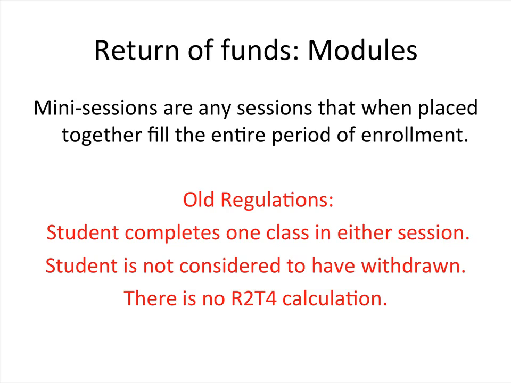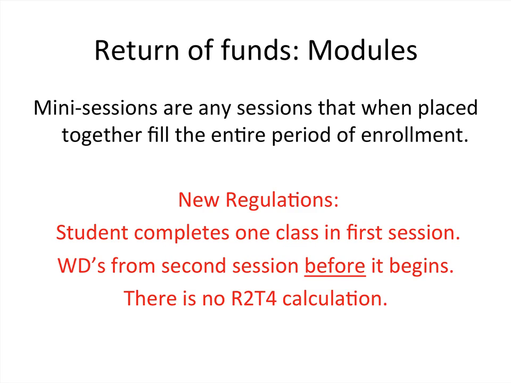Under the old regulations, if the student completed at least one class in either session, they were not considered to have withdrawn. There is no R2T4 calculation. The slight change here is dealing with if they withdraw from the class before a session begins.